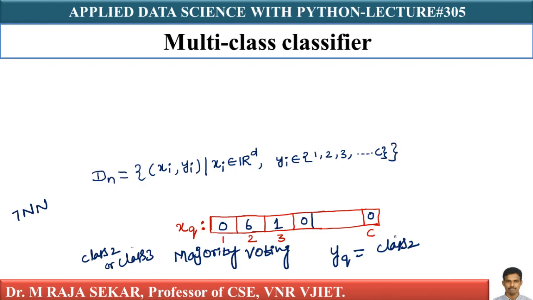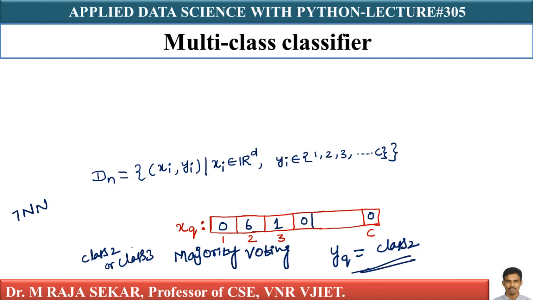What is the reason? Class 2 has a majority of points. If I use 7 nearest neighbors, 6 belong to class 2 and only one belongs to class 3. So if I use the majority vote concept, my yq is equal to class 2.